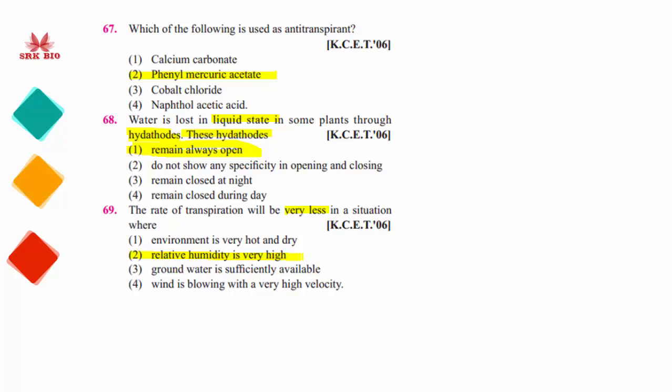There will be a very high rate of transpiration if the atmosphere is very dry, if the wind velocity is very high, if the humidity is very low. Low humidity, high transpiration; high humidity, less transpiration. So the correct answer for this question is option 2.